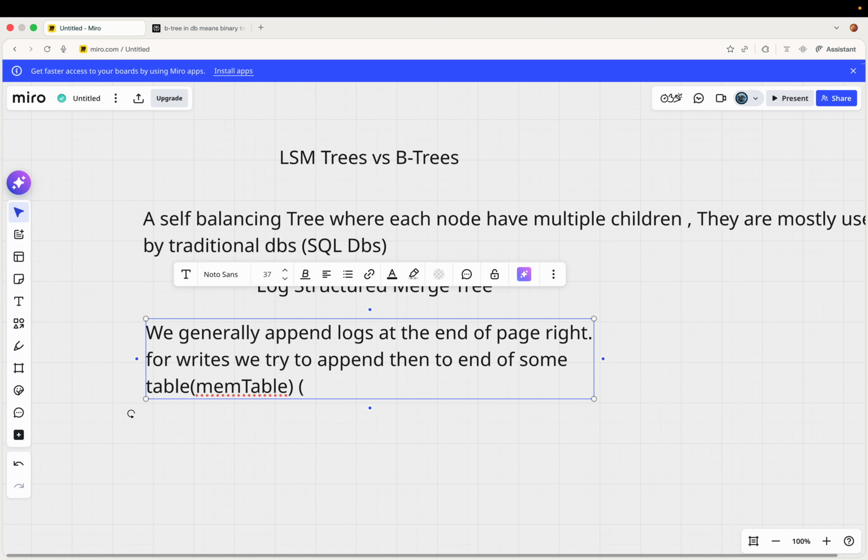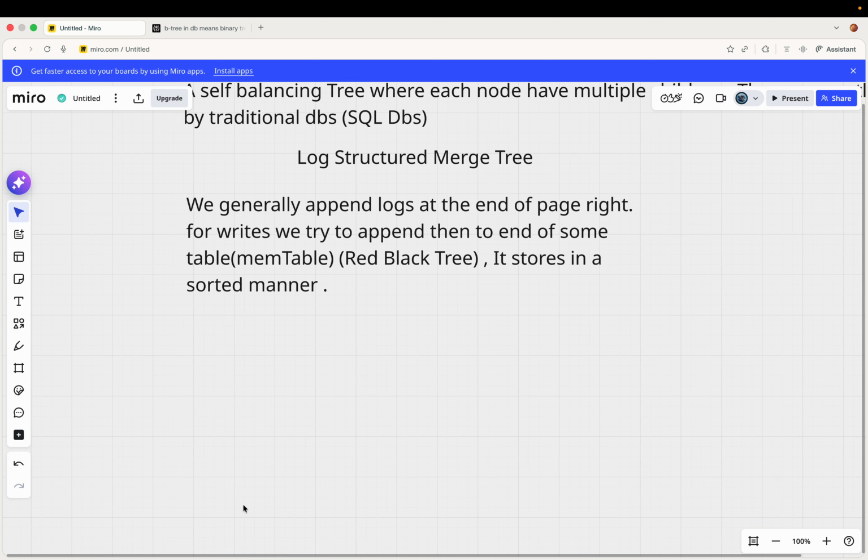This is inherently built using a red black tree.